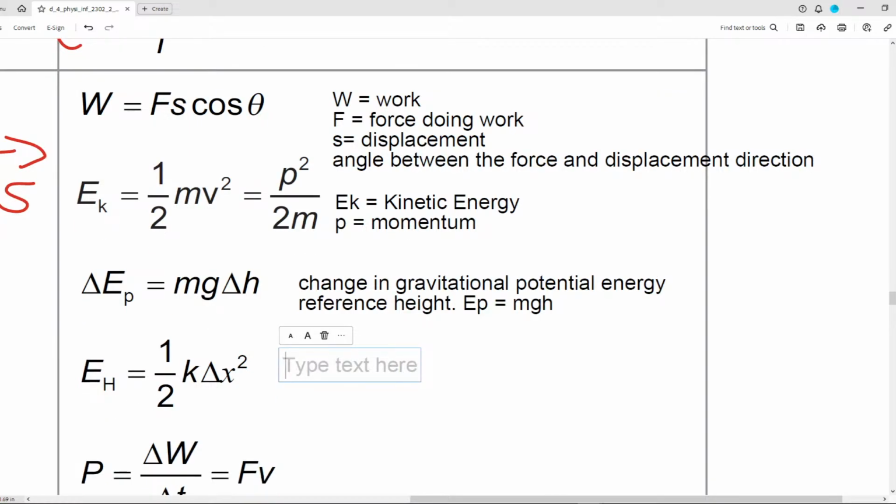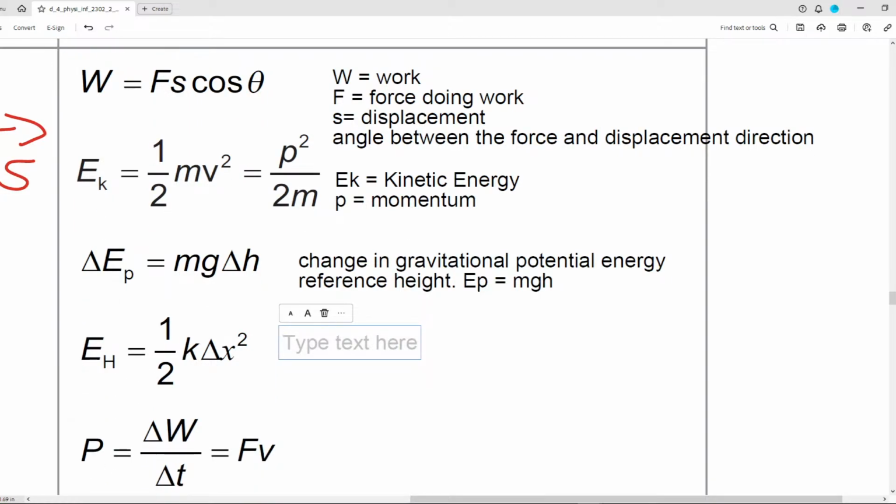The next one is what we call the spring energy, or elastic energy, and of course, that's EH. In this case, K is the spring constant, and delta x is displacement.